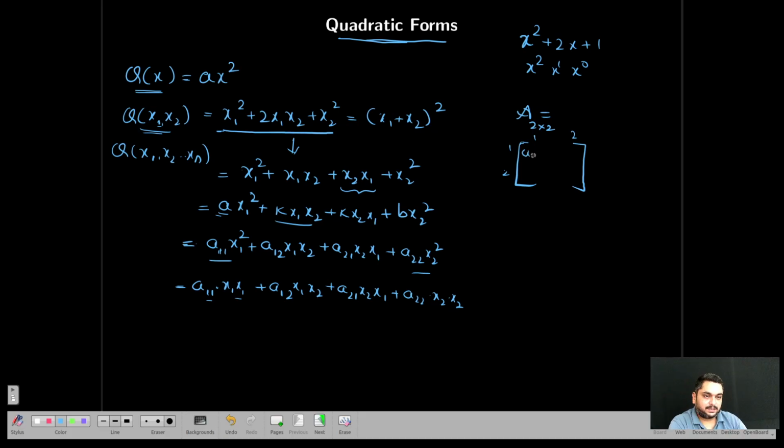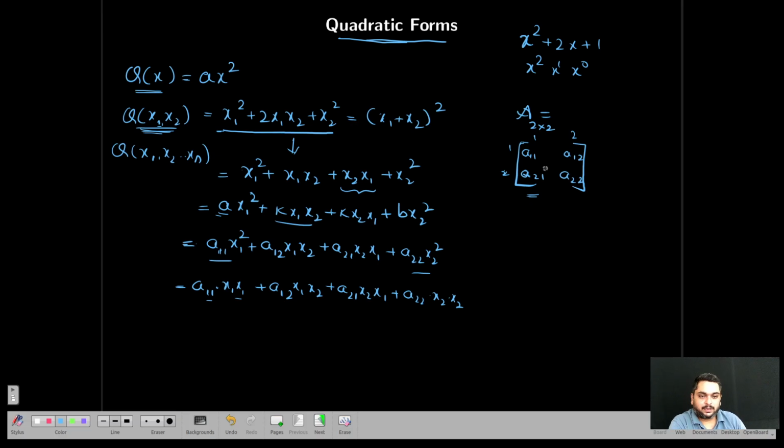I'll represent them as A11, A12, A21, A22. So this quadratic equation, I have converted into matrix A in this form. This is the quadratic form using matrices. Hope it's simple, you understood it. There are some properties that you have to study, so we'll go to the formal definition next.